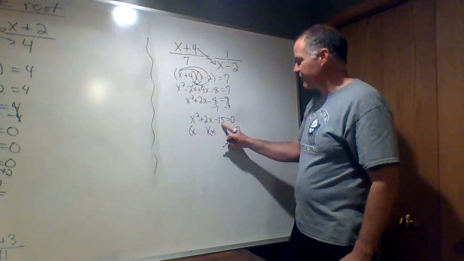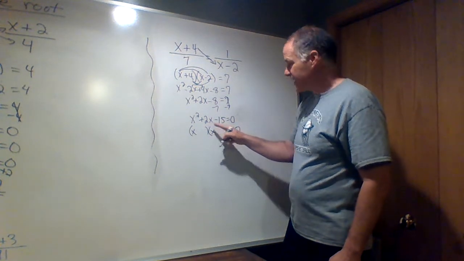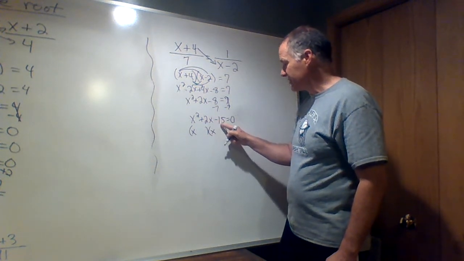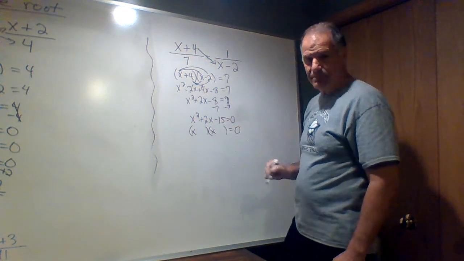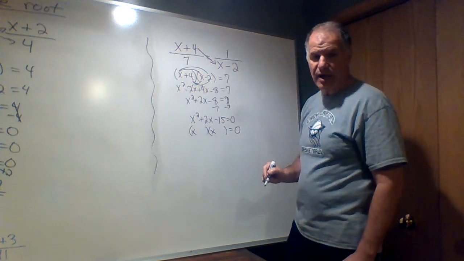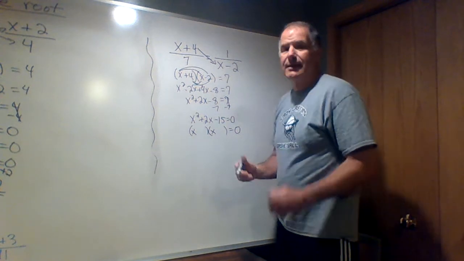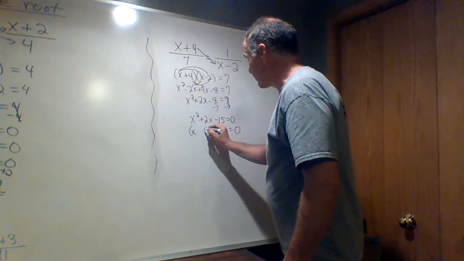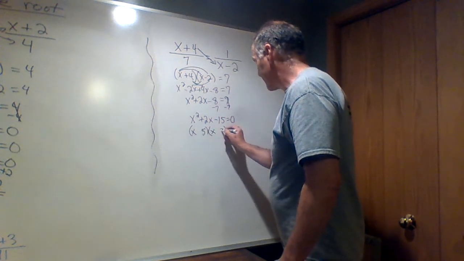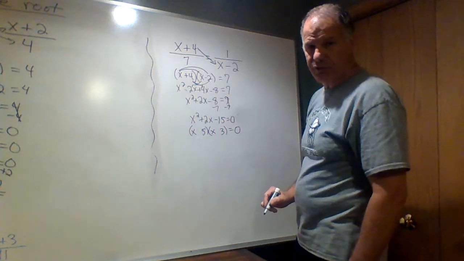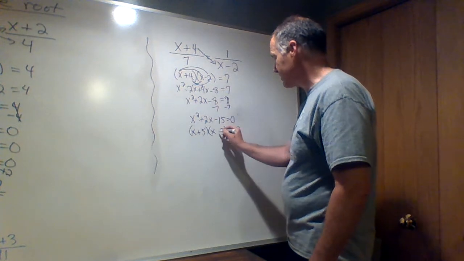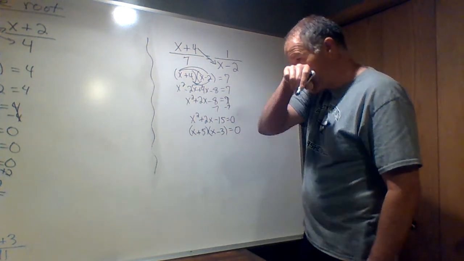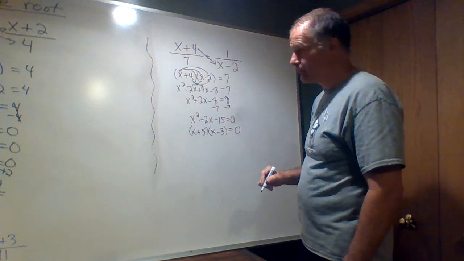The factors of 15 that subtract, because of negative 15, subtract to make 2. So what multiplies to make 15 and subtracts to make 2? 3 and 5, right? Or 5 and 3. Doesn't matter which one goes first. I need a positive 2. So this time the 5 needs to be positive, which makes the 3 negative.